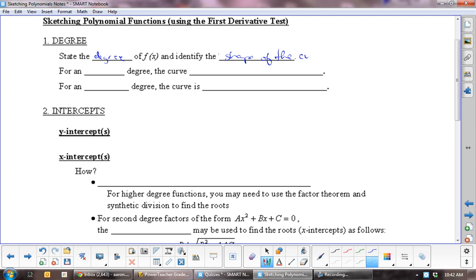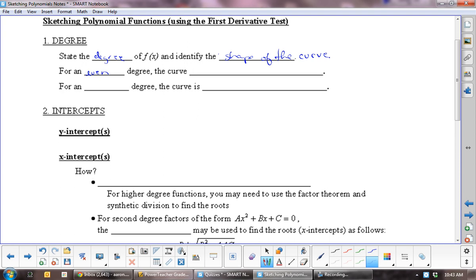Now, where this is different from 30-1 is you don't have a graphing calculator, because if I asked you, where does the fourth degree with a positive coefficient on the fourth degree term, which quadrant does it start, which one does it end? Put it in your calculator and you'll see pretty quick. Well, you don't have your graphing calculator, so let's talk about for even degree.